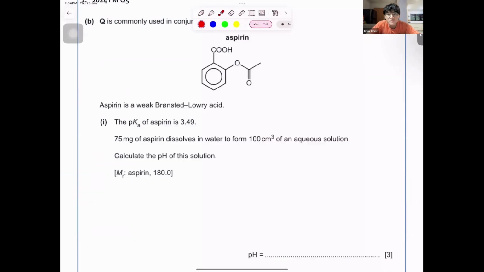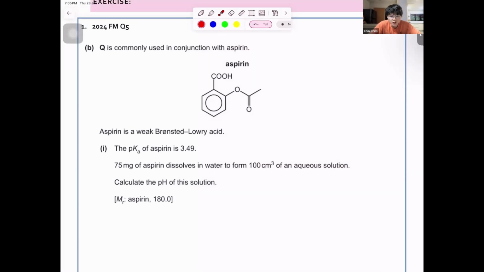Guys, try this out now. Aspirin is commonly used in conjunction with this drug.